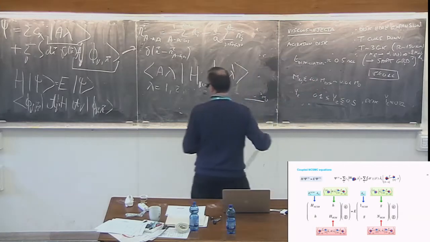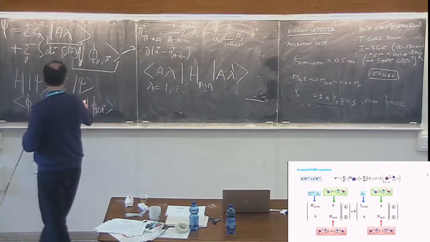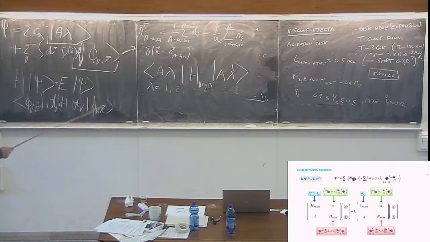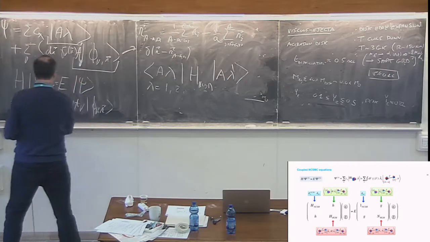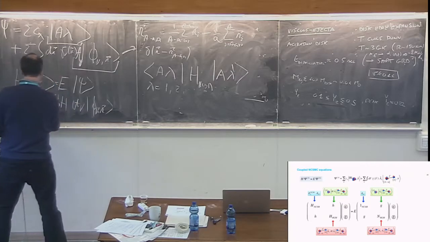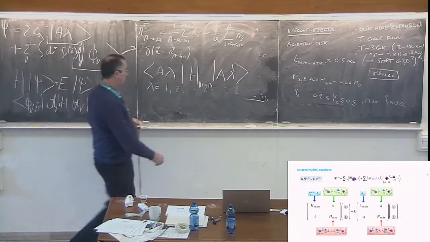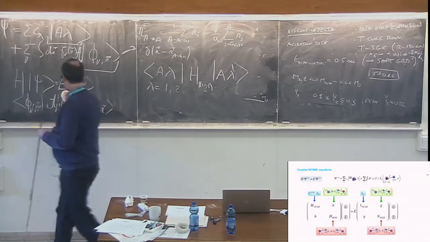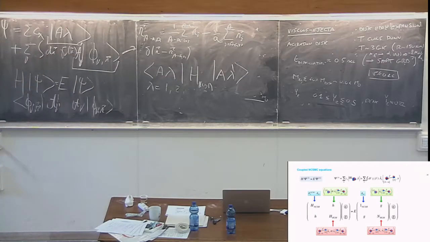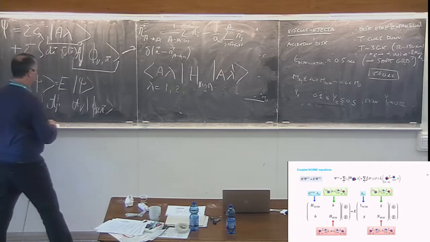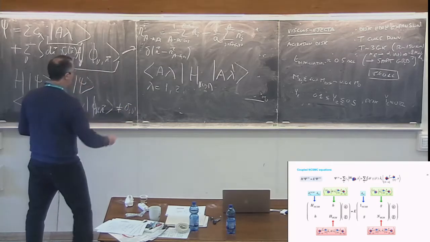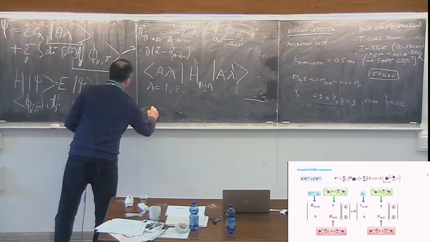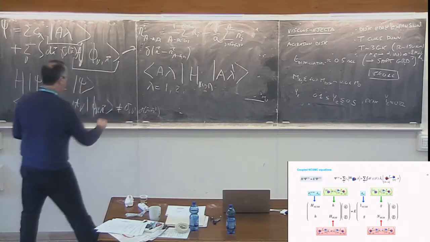But now these states, this A nu acting on the phi nu, are not orthonormal. If I put here, instead of the Hamiltonian, the identity, this is not equal to delta nu nu prime delta r r prime. This is not the case, right?